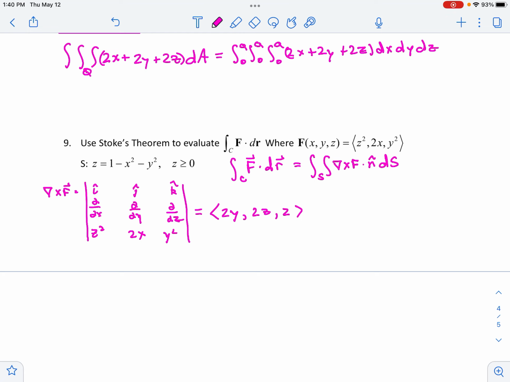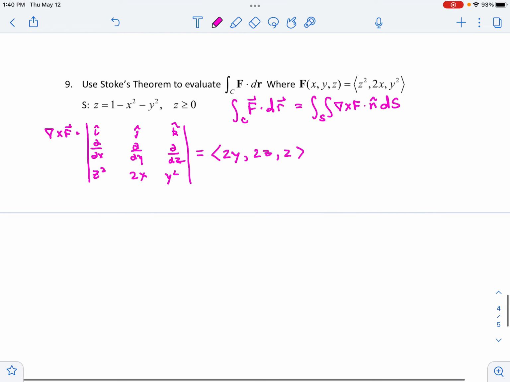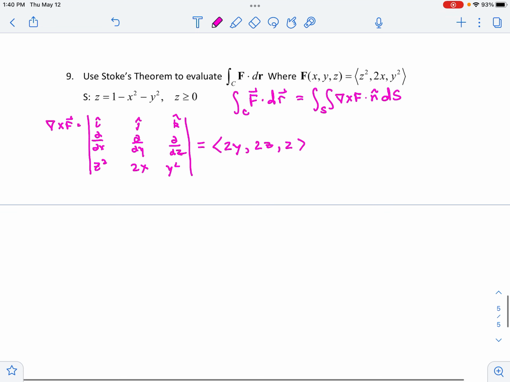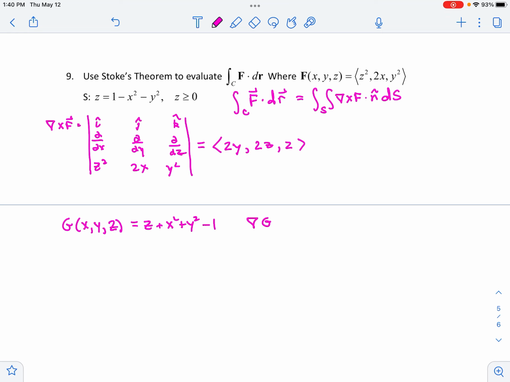And now we're just working along here just like before. So now I've got my gradient. I'm going to find the gradient. So I'm going to get a level surface here. And I've got z plus x squared plus y squared minus 1. And I get my gradient. And that's going to be 2x, 2y, and 1.